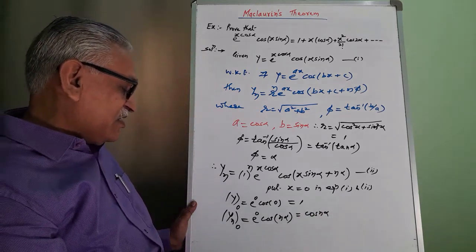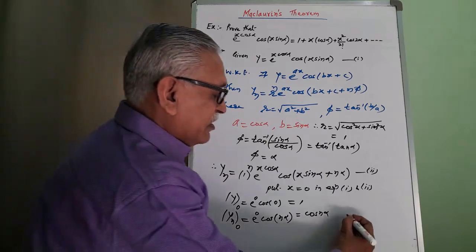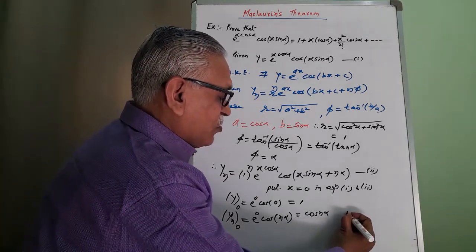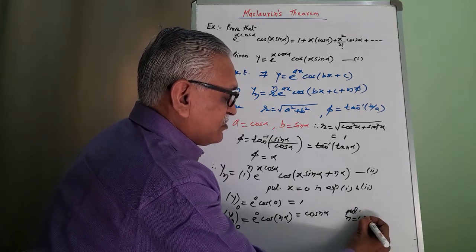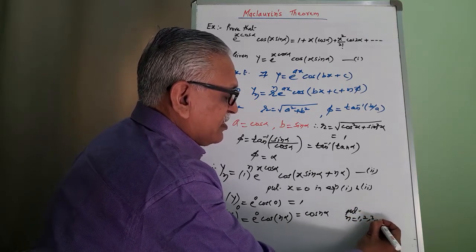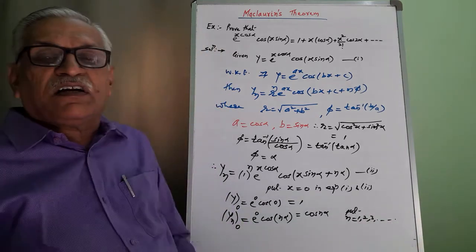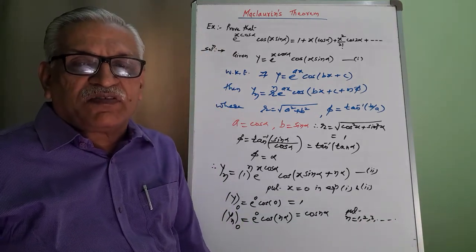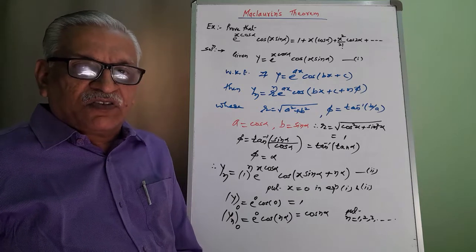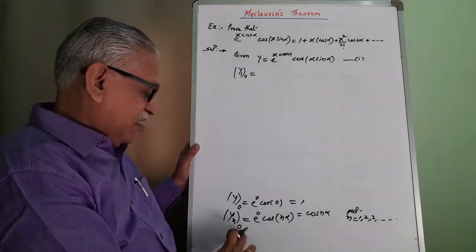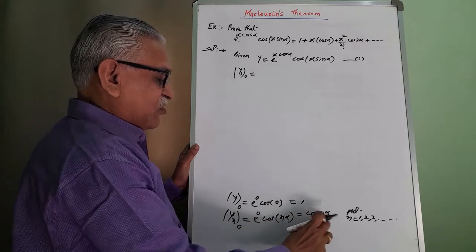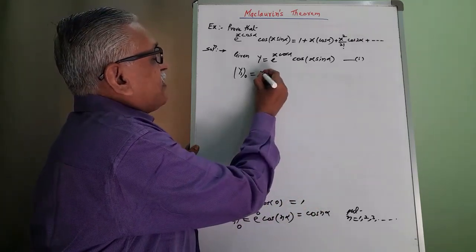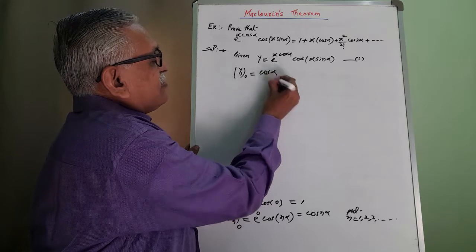And then in this result, we put n equal to 1, 2, 3, and so on to get the successive derivatives at x equal to 0. Substituting n equal to 1, we get y1 at 0 as cos of n alpha with n equal to 1, therefore cos alpha.